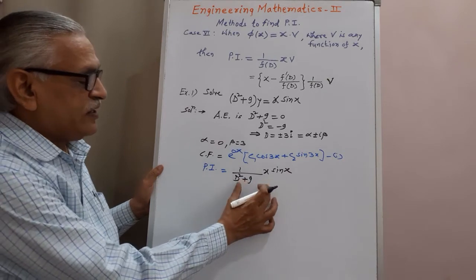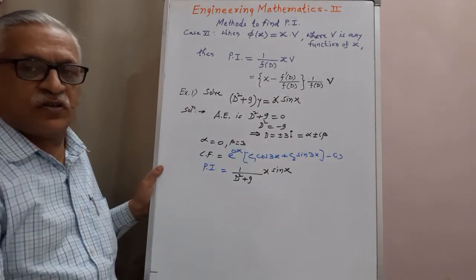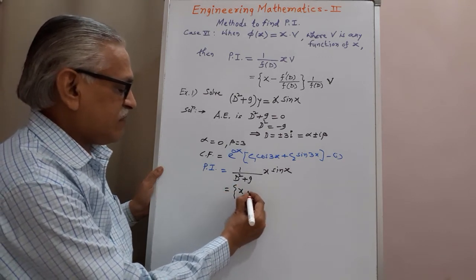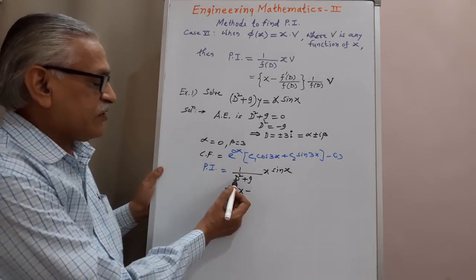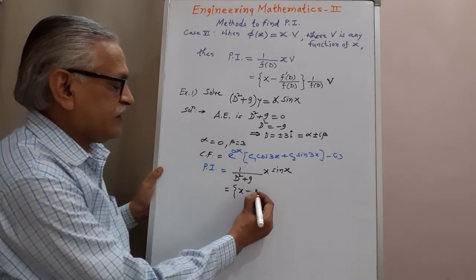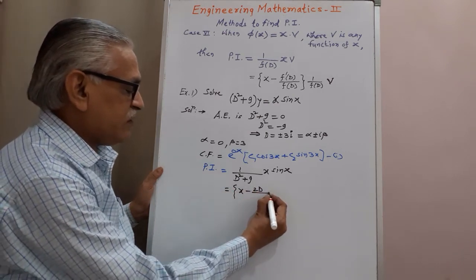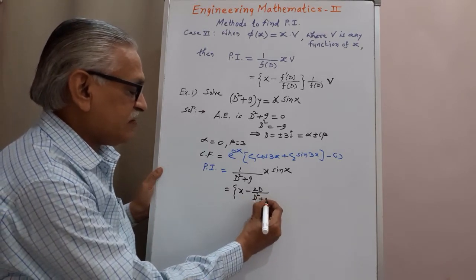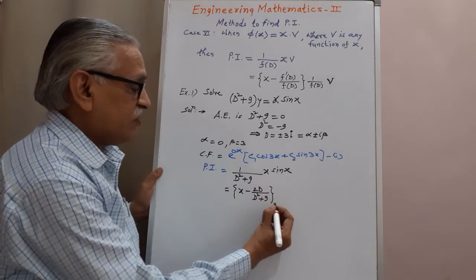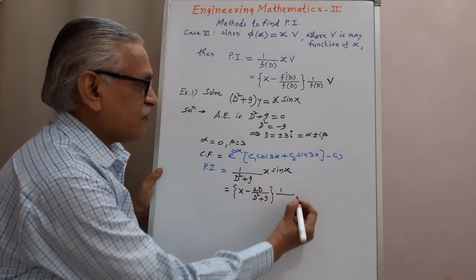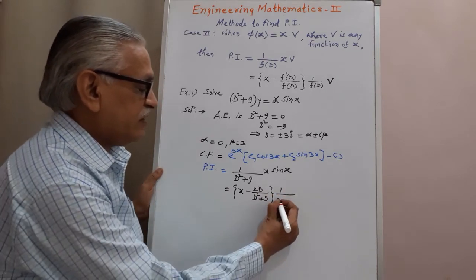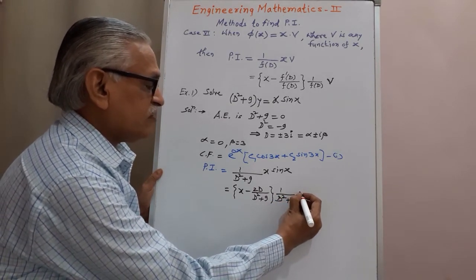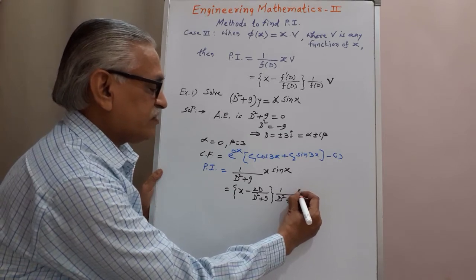And therefore to find the PI we apply this rule, and therefore it is x minus f dash of D, the derivative of this term with respect to D, it is 2D, divided by f of D, here D square plus 9, into 1 upon f of D, once again D square plus 9, and then we have to operate it on v, sin x.